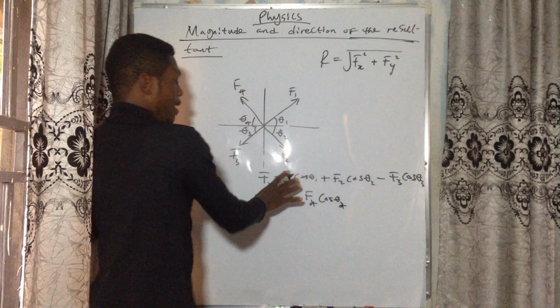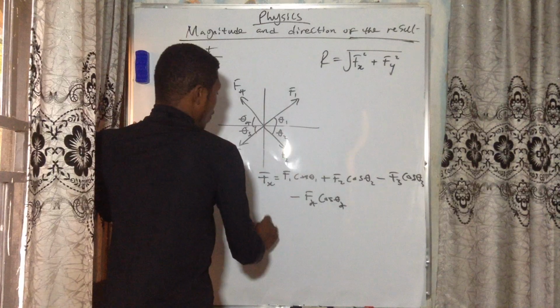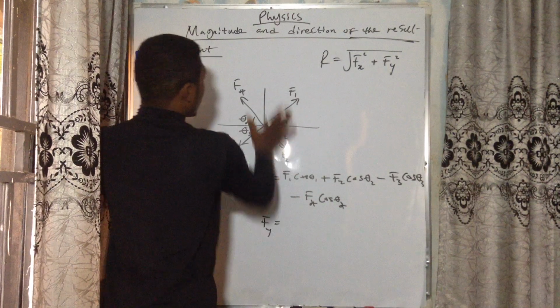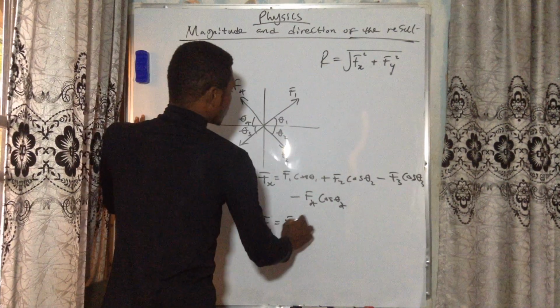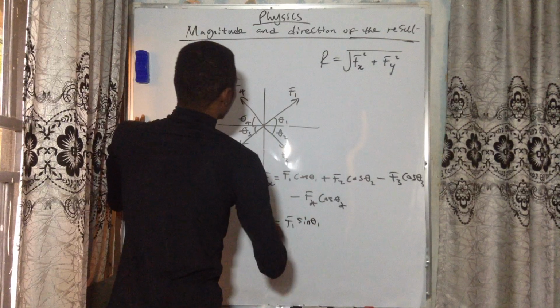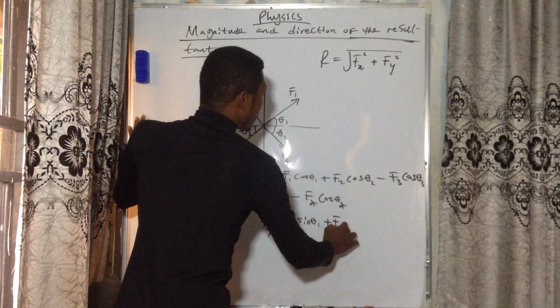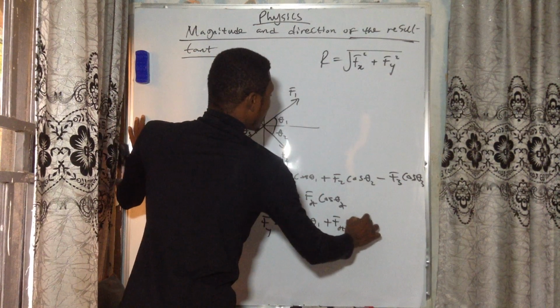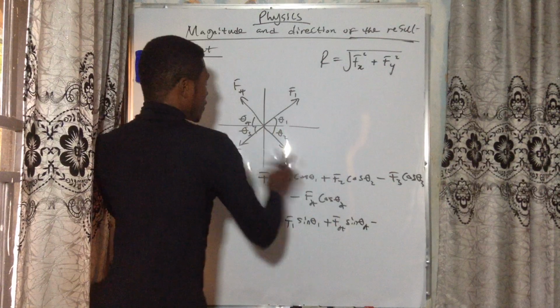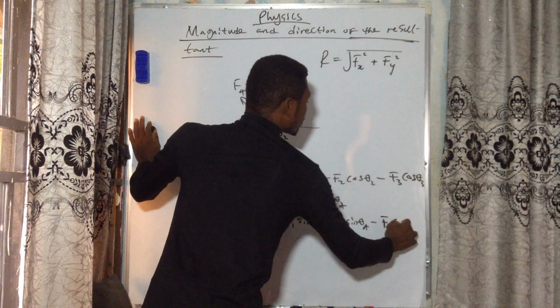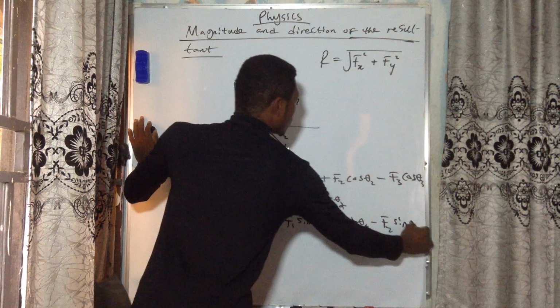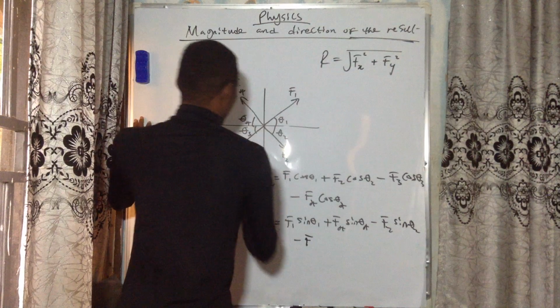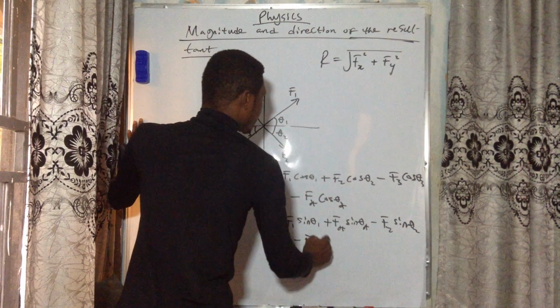This is my Fx, okay? And my Fy, up and down, is F1 sine theta 1 plus F4 sine theta 4 minus F2 sine theta 2, then minus F3 sine theta 3.